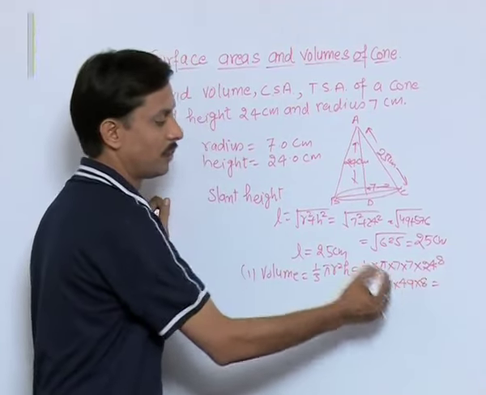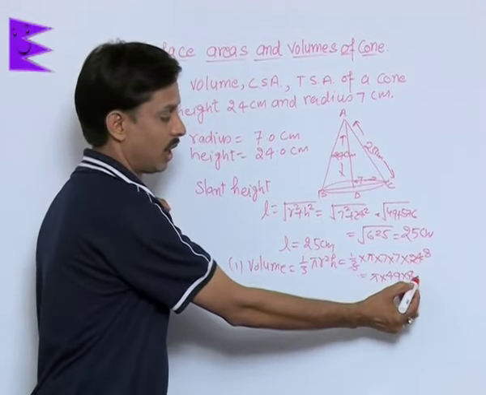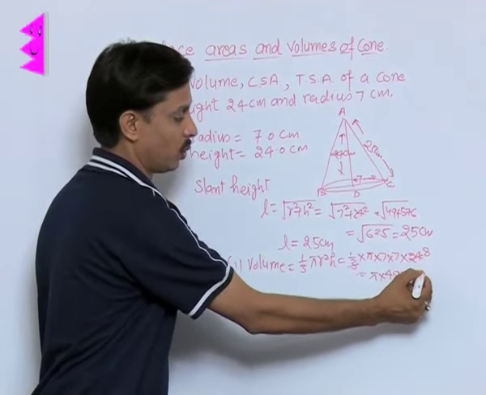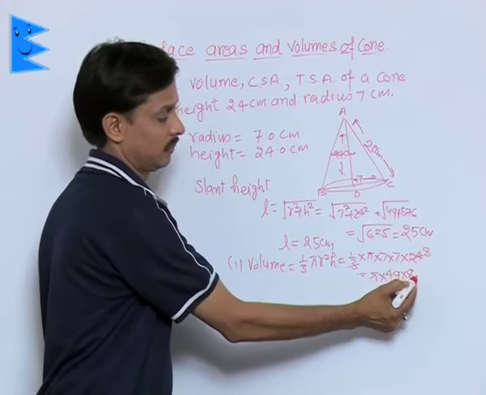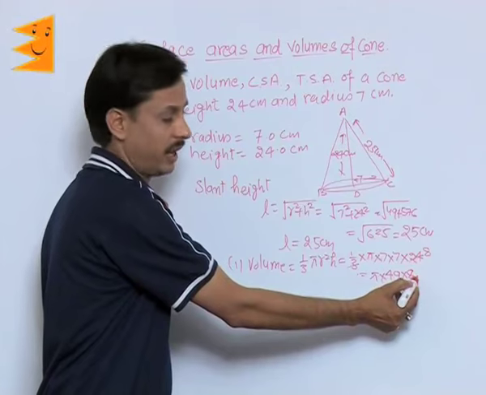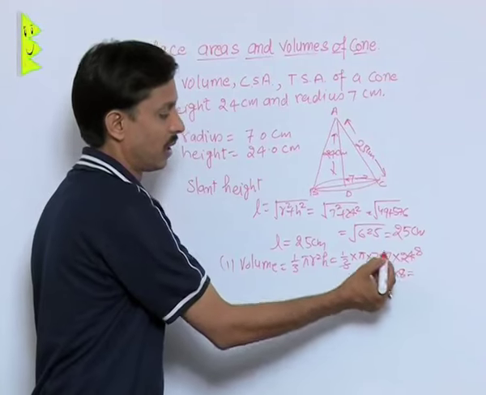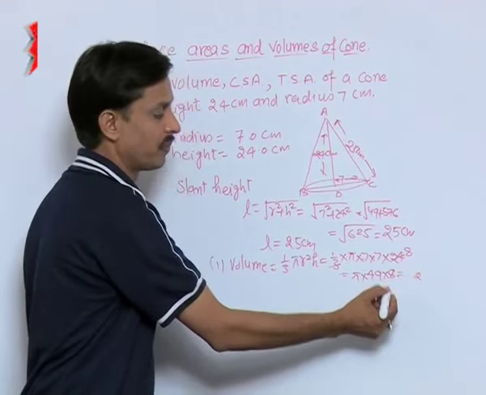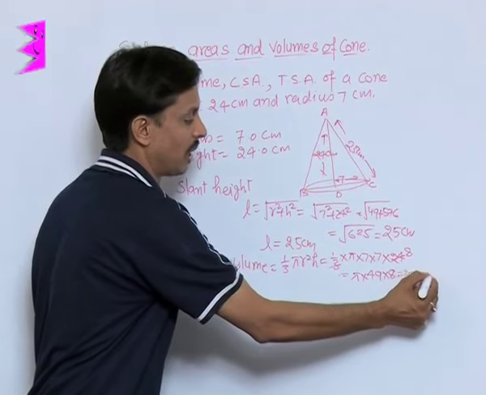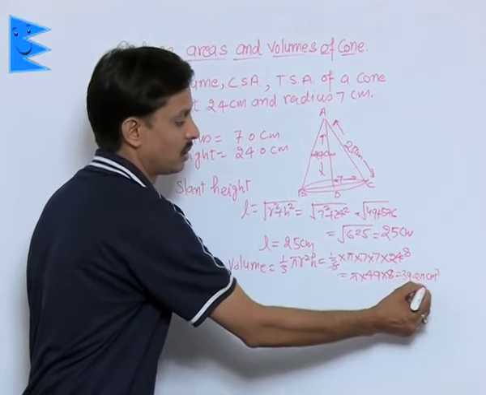So after calculation of this, now I can say the product of pi into 49 into 8 is equal to 8 9s are 72, it is 2, carry 7, 8 4s are 32, 32 plus 7 become 39, 392 pi centimeter cubed is the volume of the cone in the given dimensions.